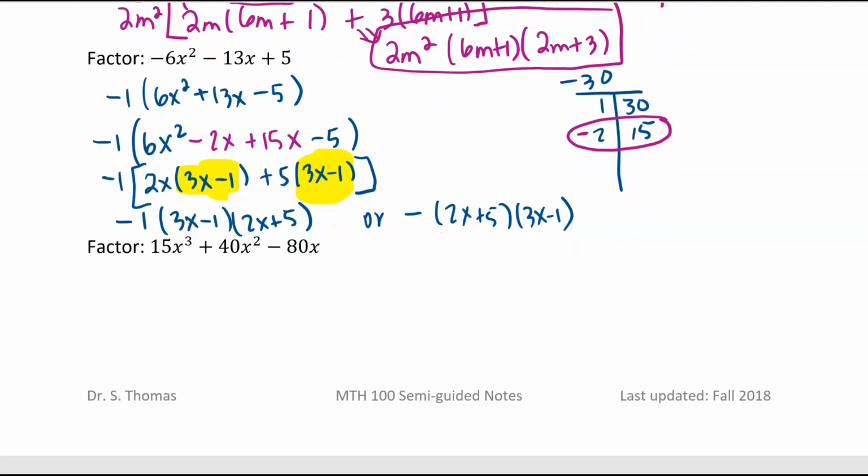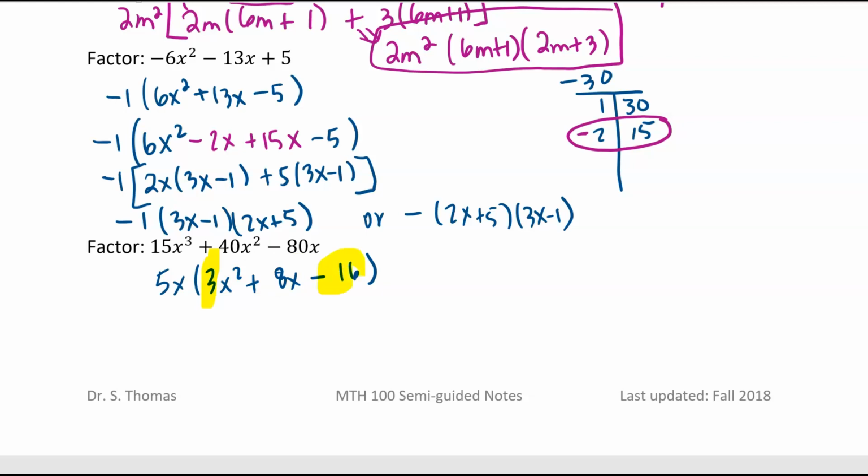Next, we have another situation where we have a GCF, because we have something in common with all three terms. So we always have to take care of that first. And so we take out the 5x first, or we'll have some issues. So we have 3x squared plus 8x minus 16. This is a trinomial. We must use the other case, or the AC method, because our leading coefficient in this case is 3.